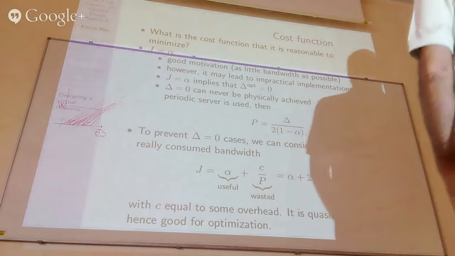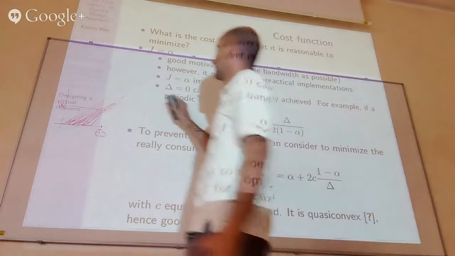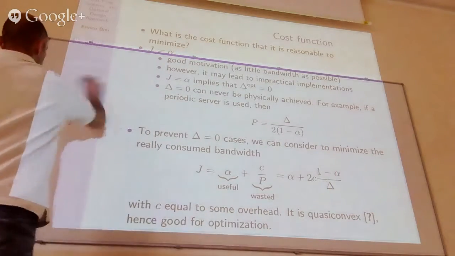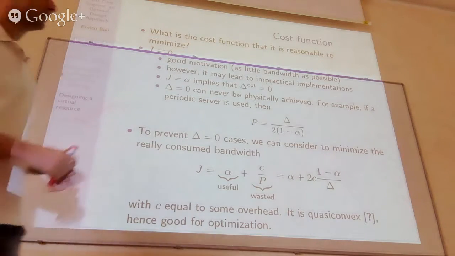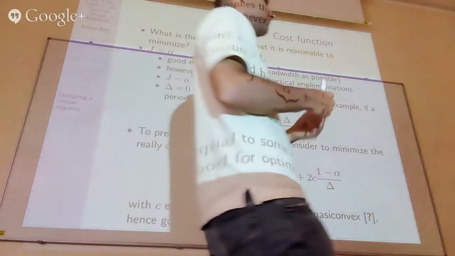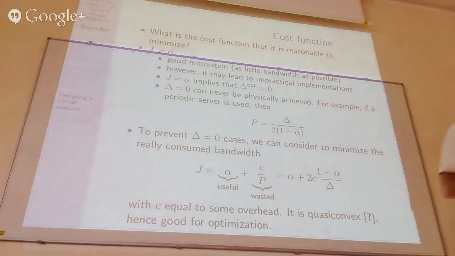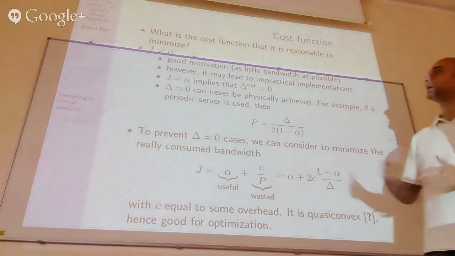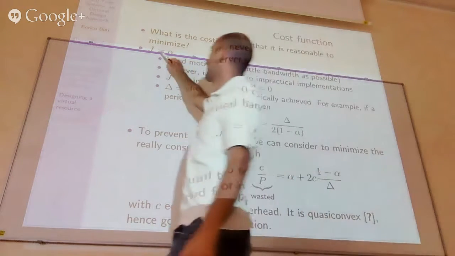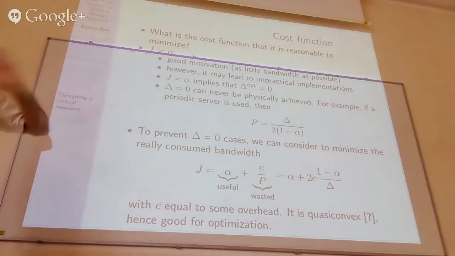Okay. To come to your question, what are reasonable cost functions, cost in terms of alpha and delta? They have to translate something that we want to achieve. Typically, if we have a given task set, we want to use the minimum amount of bandwidth possible. So a good choice could be J equal to just alpha, so we want to reduce alpha as low as possible.